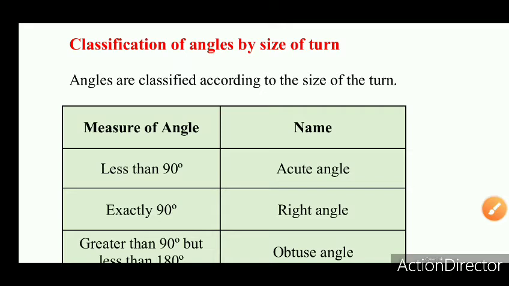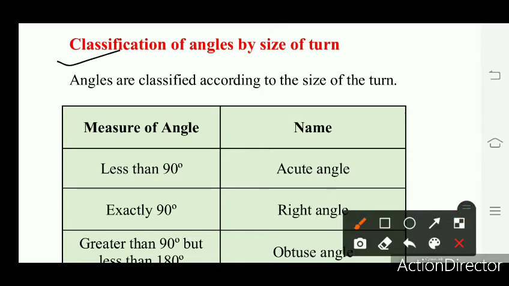Now here we will discuss classification of angles by size of turn. You know that the ray moves from its initial point to a final point, so angles are classified according to the size of the turn.